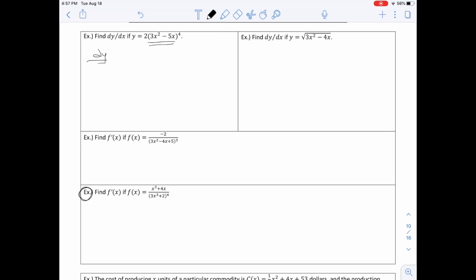So to find our derivative, we're going to take the derivative of the outside. The outside function is going to be 2 times x to the fourth, and keep the inside function the same.